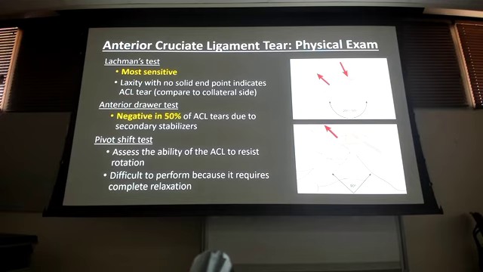The scrub tech, the person with the phone, come here. Feel this. This is a pivot shift test, right? And then you're feeling that rotary component to it. Make sense? So it's important to understand that the pivot shift test plays a role here. But again, as it says there, it's difficult to perform because it requires complete relaxation. Right? When you give them the drugs, you get complete relaxation.